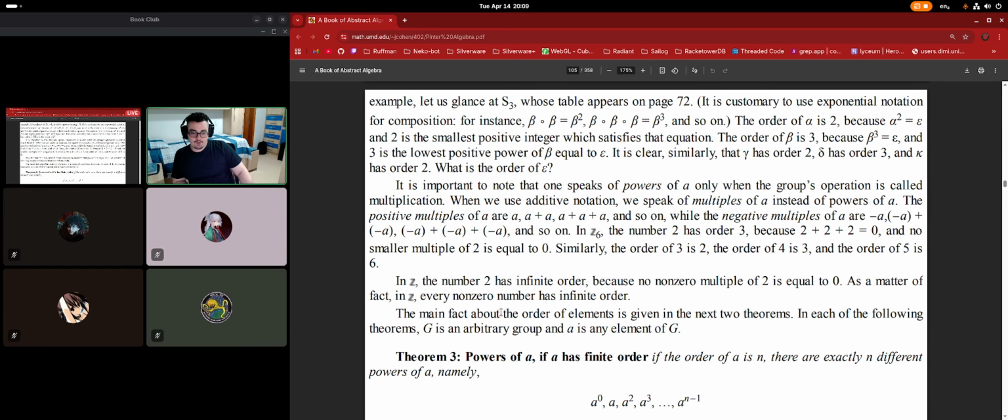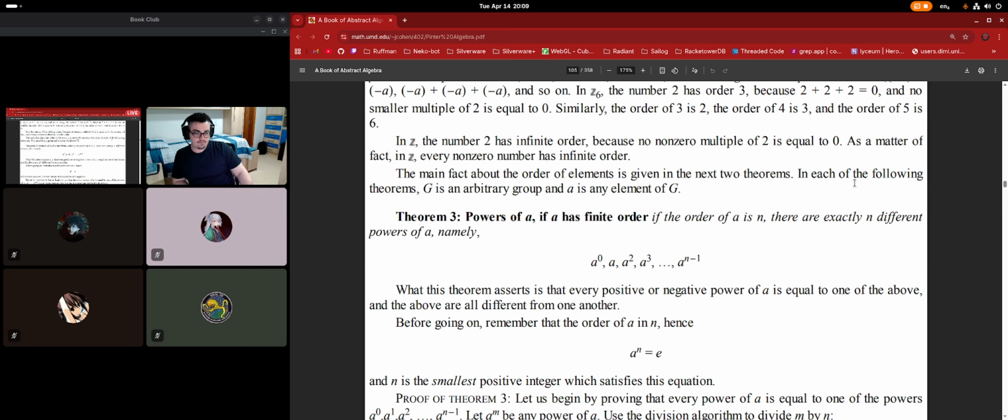The main fact about the order of elements is given in the next two theorems. Okay, so, and here's the thing. We've seen this before. I 100% don't know what the context was, but we're going to talk about multiples of something, and then we can factor out the multiples, and we keep saying identity equals identity, and because it multiplies by identity, it just disappears.